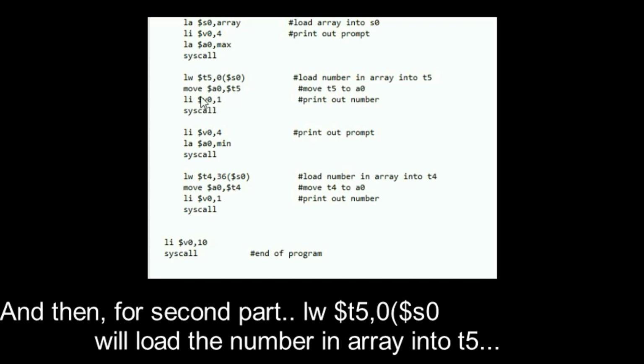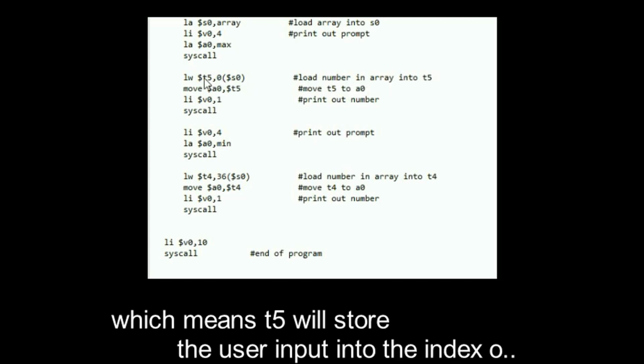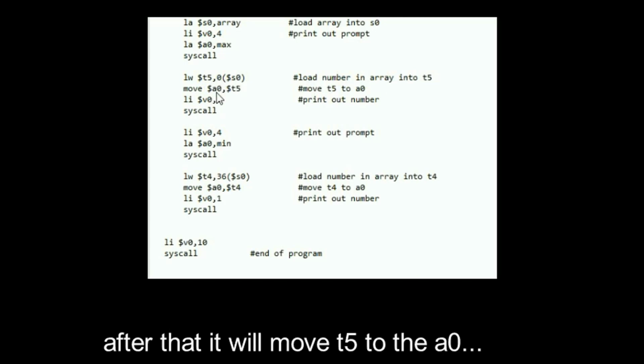And then for the second part, LW $T5 0 in bracket $S0, it will load the number in the array into T5, which means T5 will store the user input at index 0. After that, it will move T5 to A0.